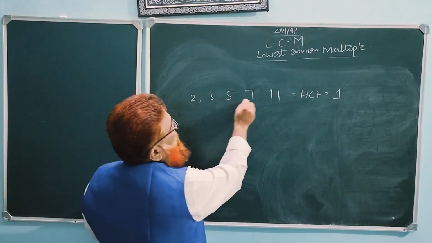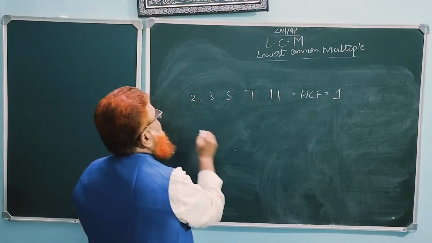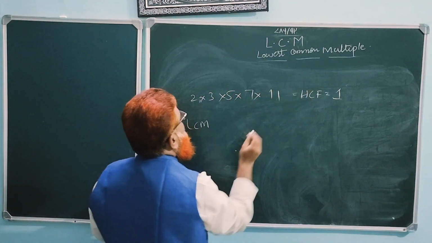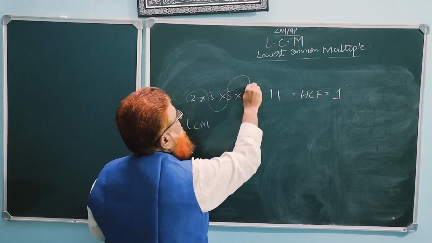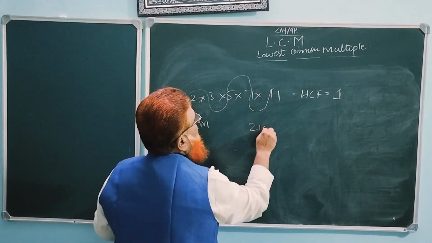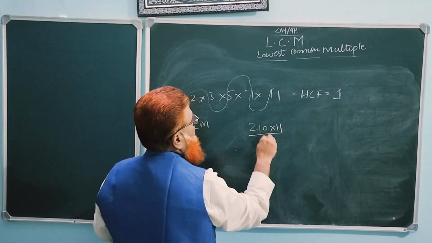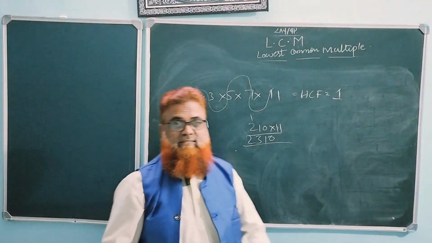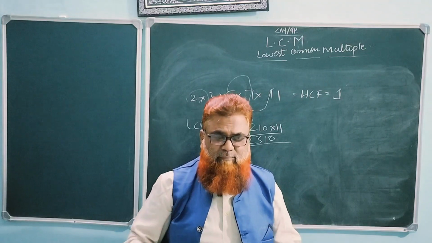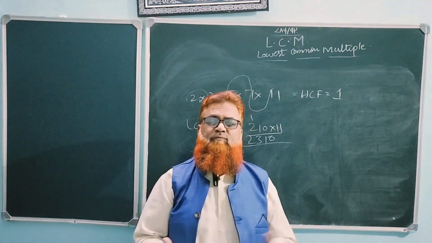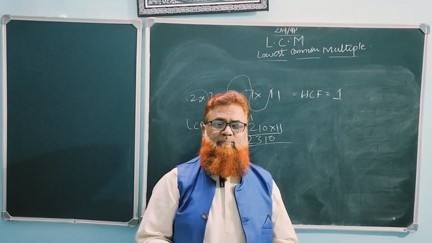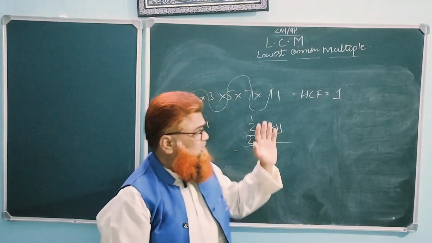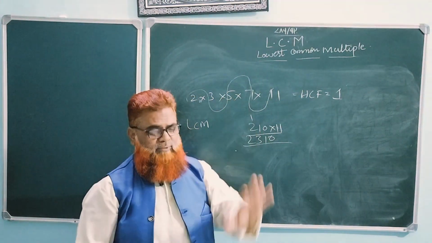Now here 2, 3, 5, 7 and 11, the LCM will be their product: 2 multiplied by 3 multiplied by 5 multiplied by 7 multiplied by 11. 2 3s are 6, 6 5s are 30, 30 7s are 210, and 210 into 11 is 2310. 2310 is the LCM of the first 5 prime numbers. If you go on practicing, you will find that the product of the prime numbers itself is their LCM. Okay. So this is all about the lowest common multiple.